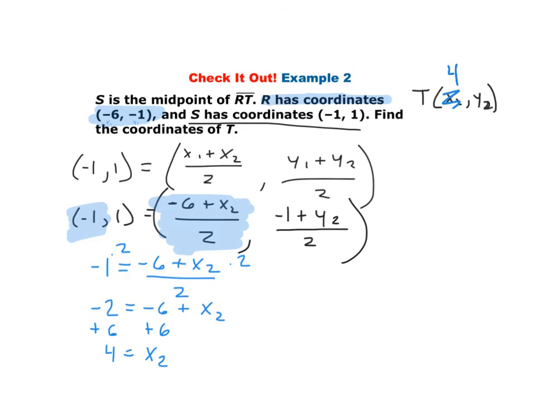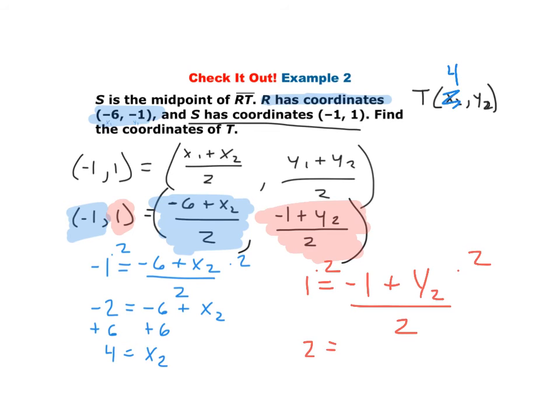So now let's find what y2 is. So we set the formula that we have for the midpoint equal to the midpoint. So we would have 1 is equal to negative 1 plus y2 over 2. Multiply both sides by 2.